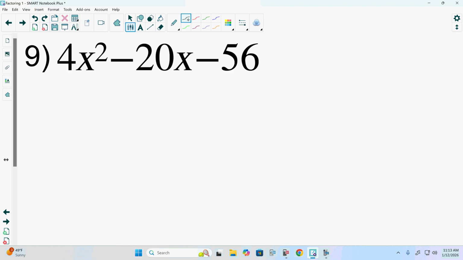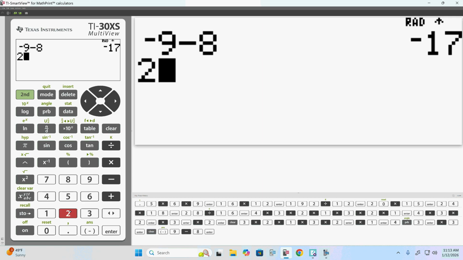Because what is our smallest number there? 4. So the biggest number I could divide out of all 3 is 4. Because the main 2 numbers we'd have to try are 2 and 4. Because those are the only factors that we have of 4, that first term that would work. So the first thing I would look at is, is 20 divisible by 4? It is. And our other number is 56.